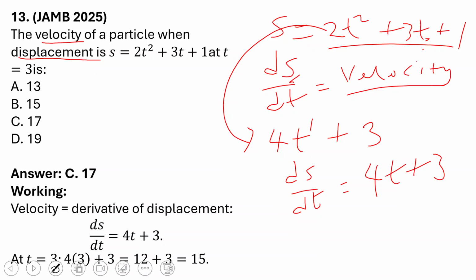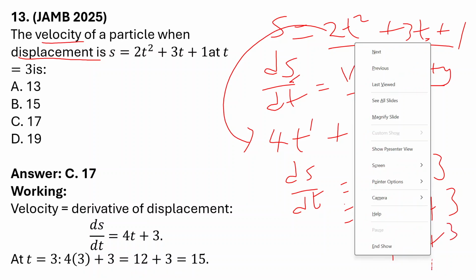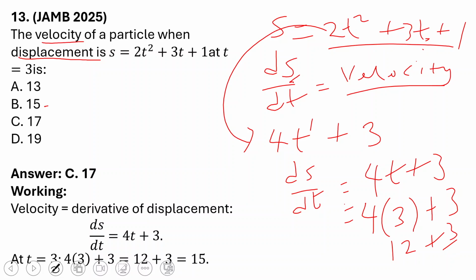But then we're asked when t is 3. So I'm going to put 3 in place of t. 4 times 3 is 12 plus 3. 12 plus 3 is 15. So the answer to this question is 15.